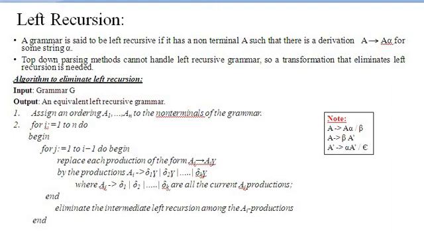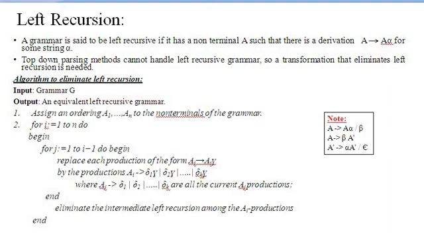So this is the algorithm to remove left recursion. Your input grammar is G, then you can find an equivalent non-left-recursive grammar. First assign an ordering A1, A2, A3 up to An to the non-terminals of the grammar.